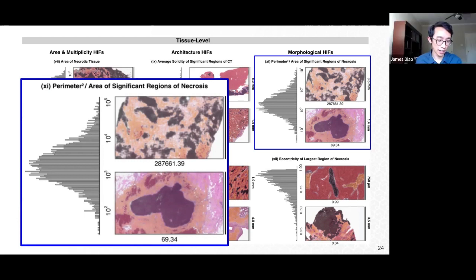Yes, I'll show data on the comparison to interpathologist correlation later. I have a slide on that. And then the first question was, how many pathologists? I can't remember, but it was sent to a network of hundreds of pathologists, and each job would just be whichever pathologist would sign up for it fastest.